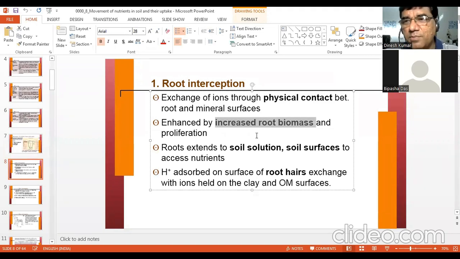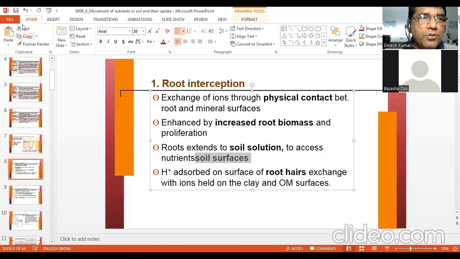So the root interception will be more if you have more root biomass and proliferation, its distribution in the larger volume of the soil. And then what happens? Roots extend to soil solution, soil surfaces, even they can go to exchangeable sites also to access the nutrients.